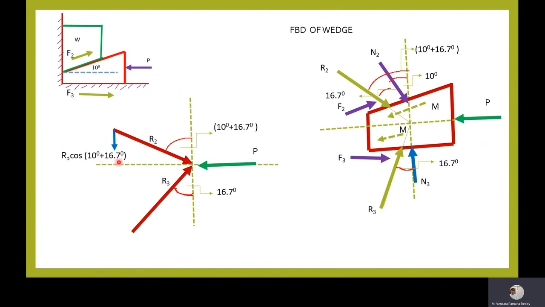R2 cos 26.7 degrees. R2 sin 26.7 degrees. R3 sin 16.7 degrees. R3 cos 16.7 degrees.